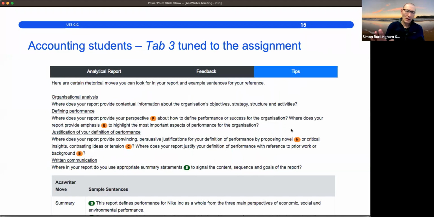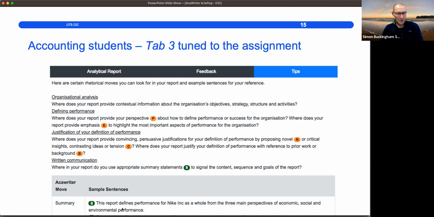Okay, and that's exactly what the business school did. They were excited by what they saw in the law faculty, and they said, we want to do that, but you know, we're teaching business students. They're doing organization strategy analysis. And so here's the third tab where they're giving examples relevant to this assignment, which is all about, you know, the strategy that organizations are using for their marketing or whatever.